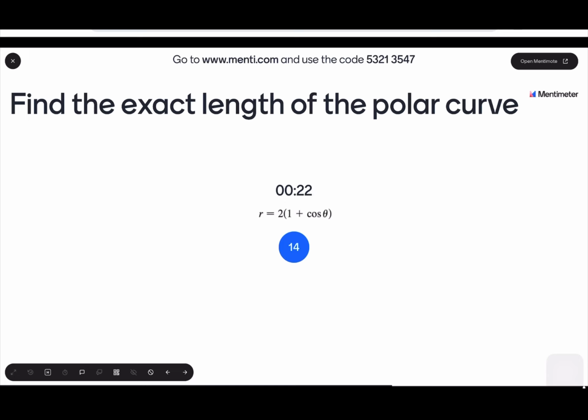Yeah, almost. But this cosine, can you find the square?